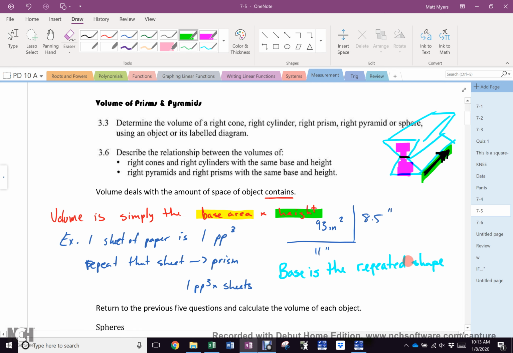So, base is the repeated shape, and height is the direction of repetition. The direction it goes away. Everybody good?